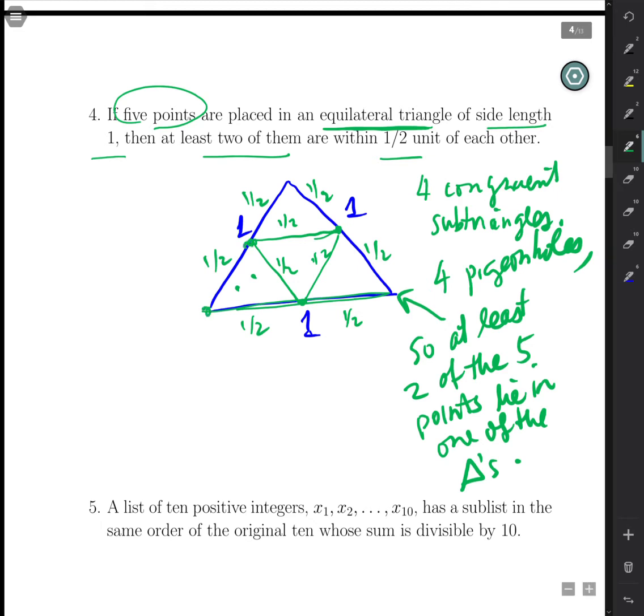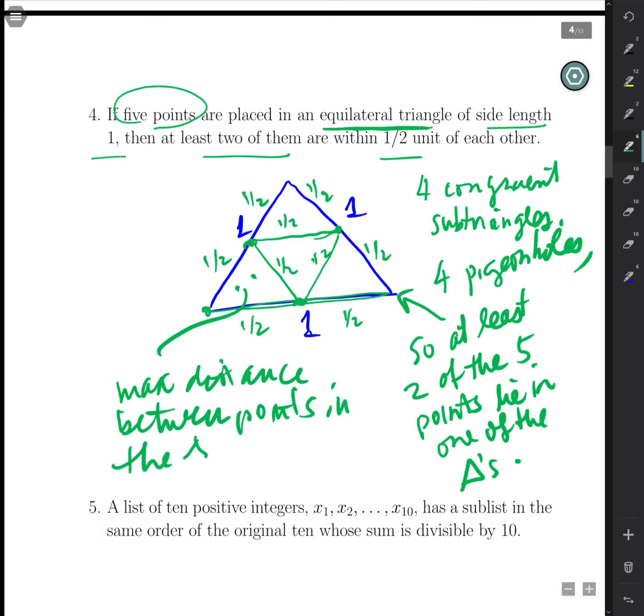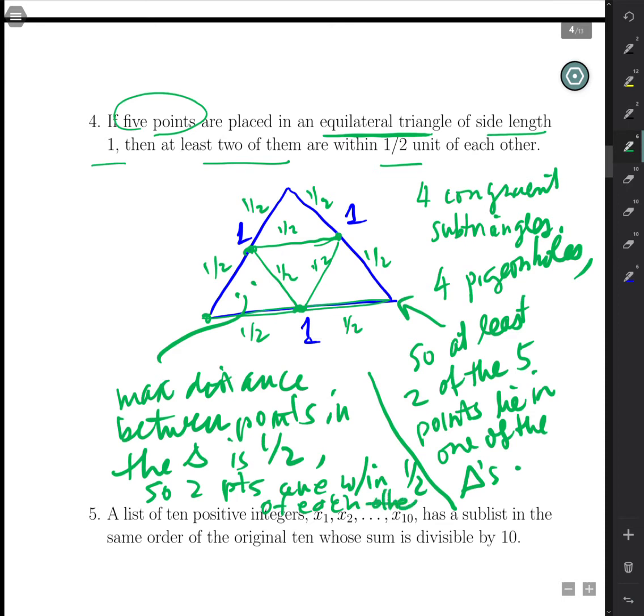Because the corners give us the maximum distance between points in the triangle, and with the equilateral they're all half, the maximum distance between points in the triangle is 1/2. So 2 points are within 1/2 of each other. Isn't that cool?